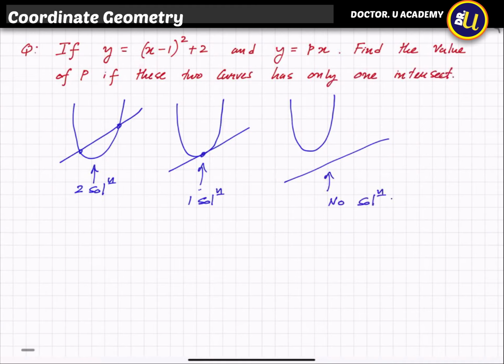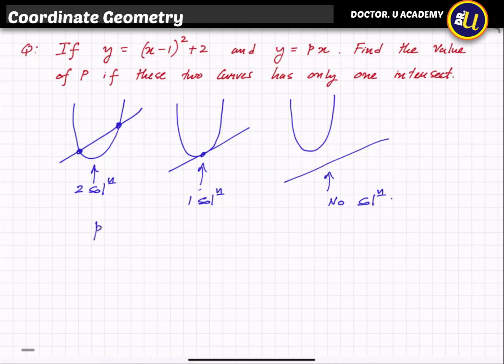Now if two graphs are intersecting each other, that means you can equate those two, because at these points the functions are equal to each other. So what you do, you equate those two.